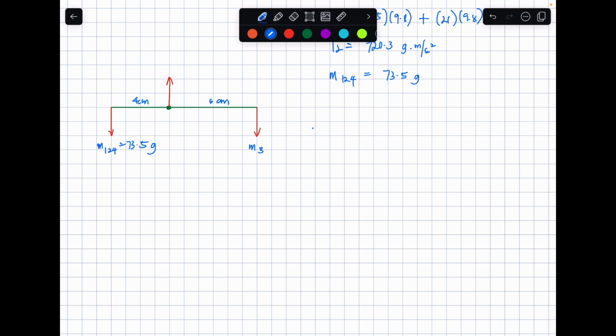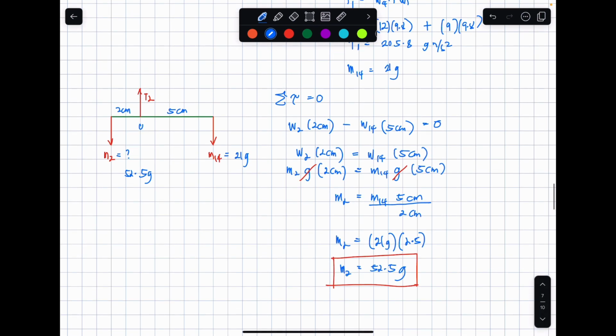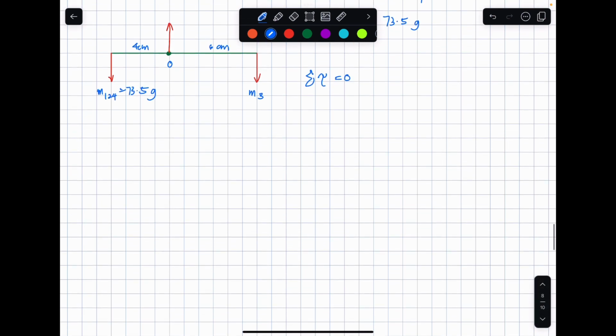Okay, so again, if we take the summation of torque at the origin, this is the origin here. Clockwise is positive, counterclockwise is negative.